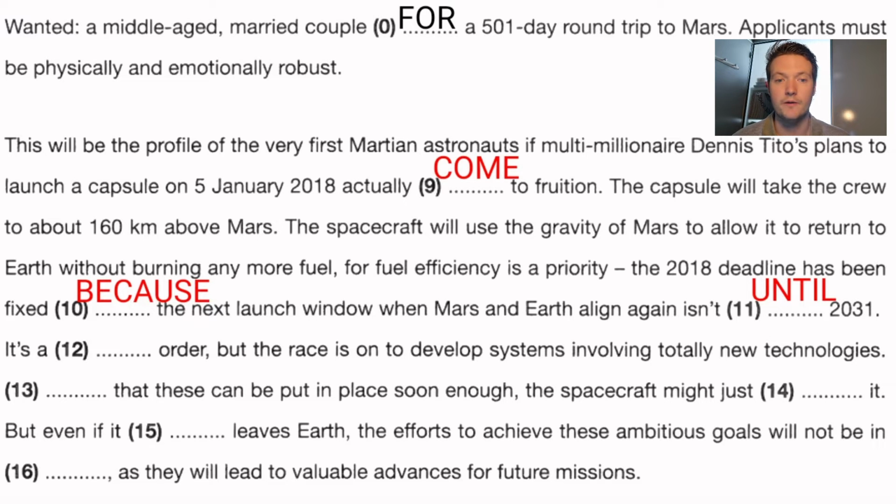And the expression here is it's a tall order. It means it's very difficult. It's setting the bar very high. What they're expecting or hoping to achieve is very ambitious. When you say it's a tall order, the expression basically means that it's very ambitious.